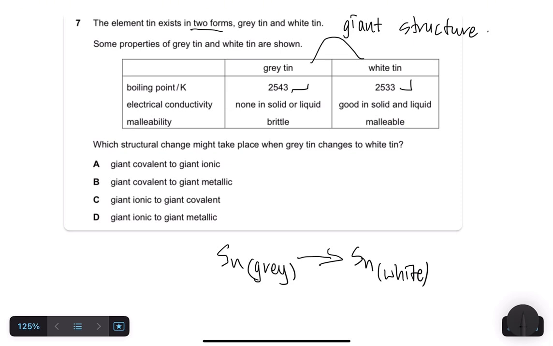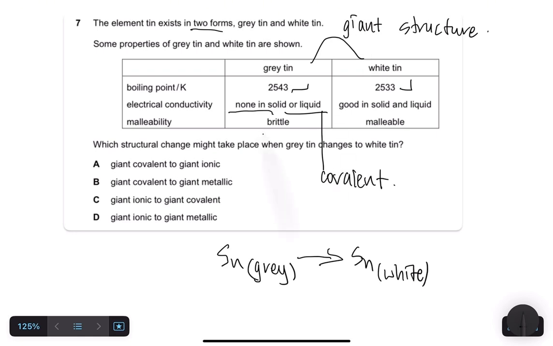And for electrical conductivity, gray tin has none in solid or liquid, so that means it is covalent. If it had none in solid and showed electrical conductivity in liquid, it would be giant ionic, but it doesn't, so it's a giant covalent structure.